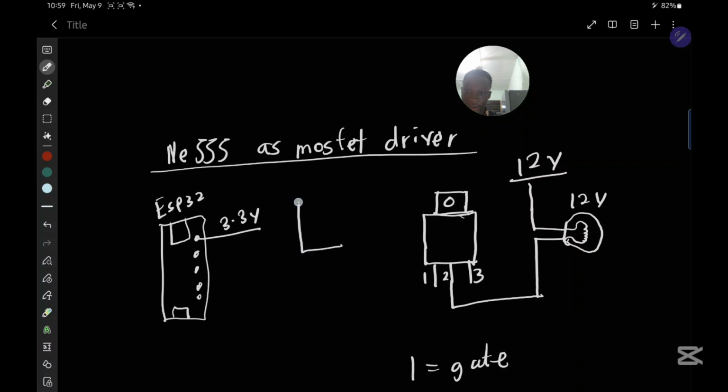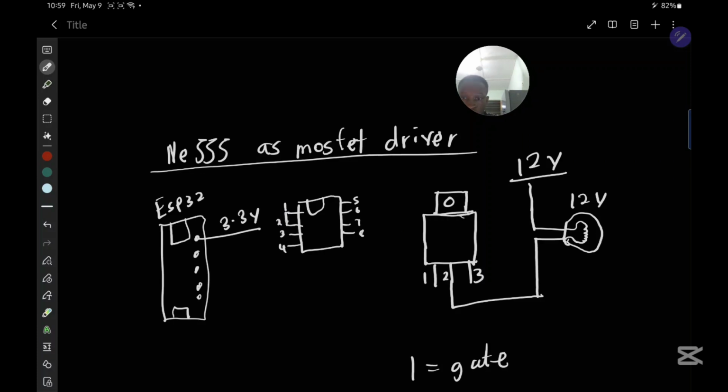This is our NE555, which has 8 pins: 1, 2, 3, 4, 5, 6, 7, and then 8. Now these are the pins on the NE555.